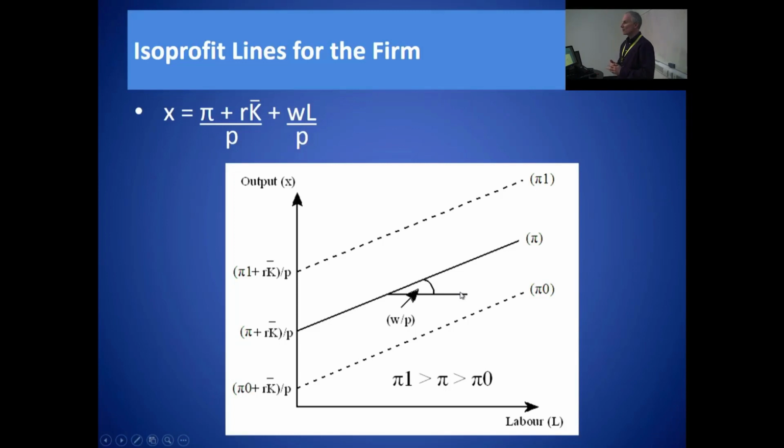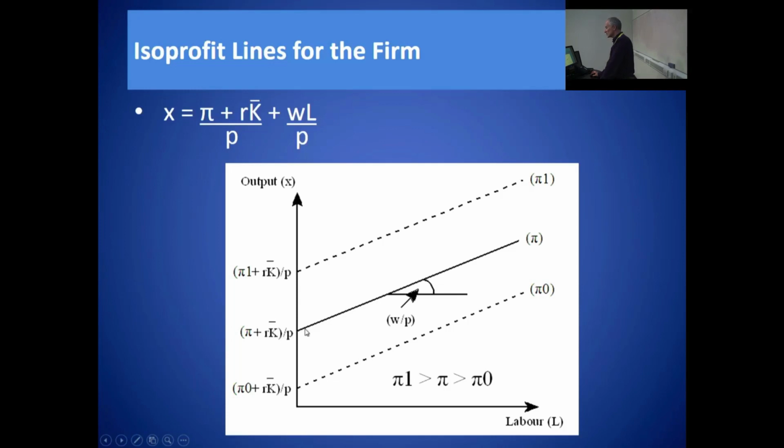Well, we said that iso-profit line, the equation gave us the vertical intercept and it gave us the slope. So the vertical intercept is that first term there. Pi plus r times k, which is our fixed cost, divided by p. So pi plus rk divided by p.